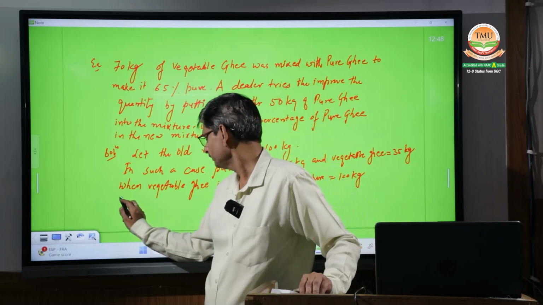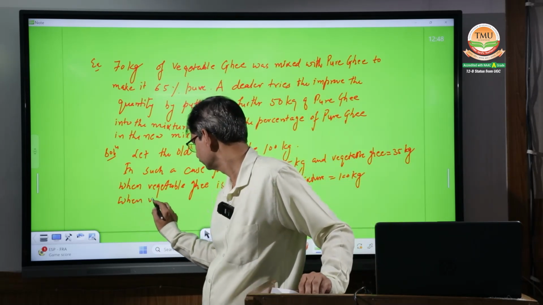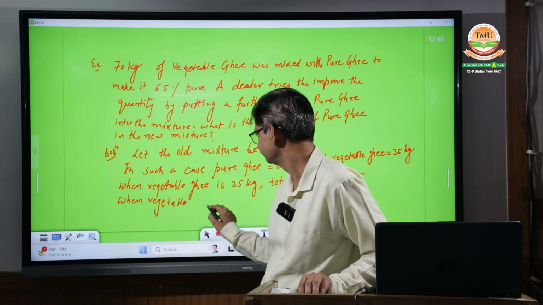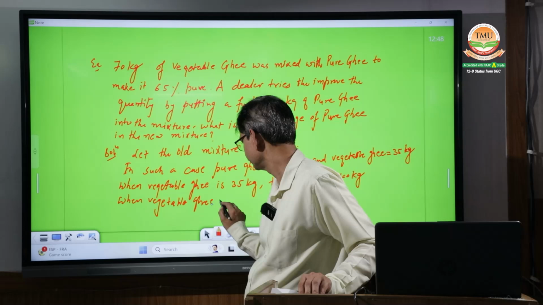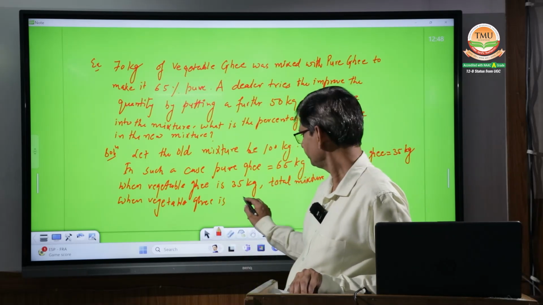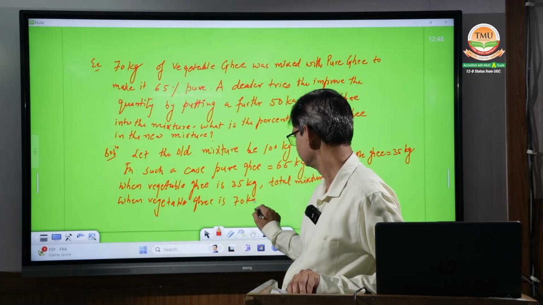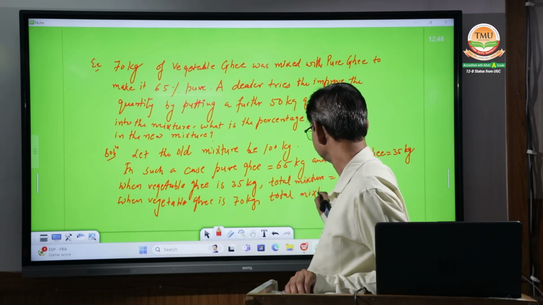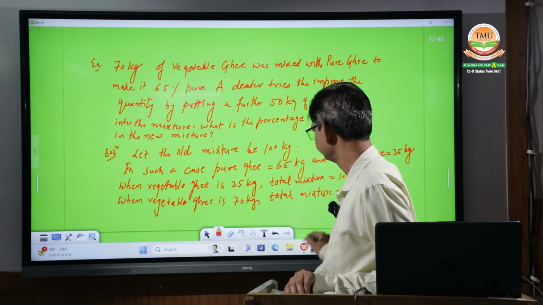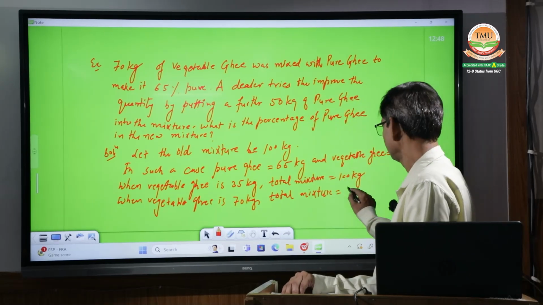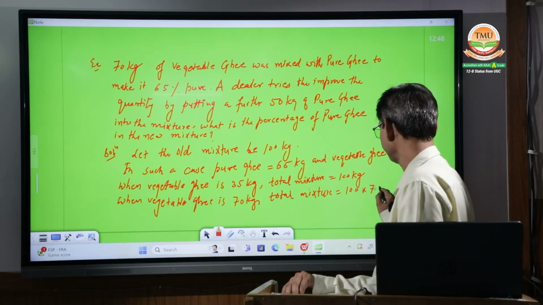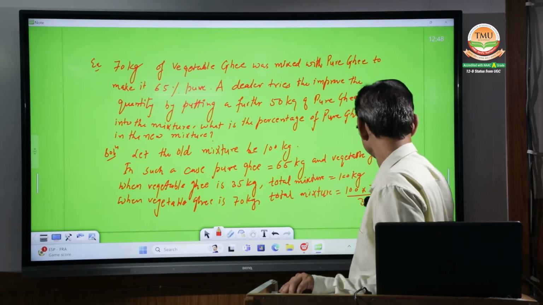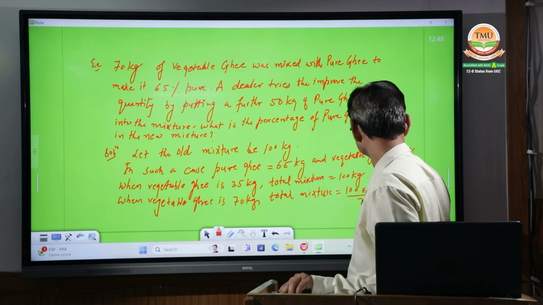When vegetable ghee is 70 kg, the total mixture will be 100 into 70 upon 35, this will be 200 kg.